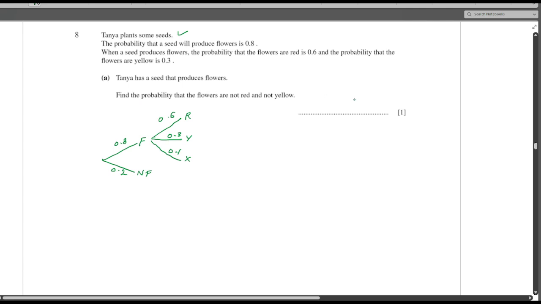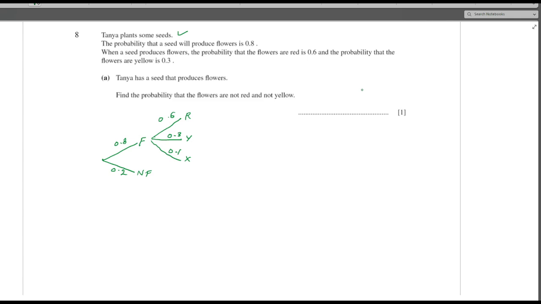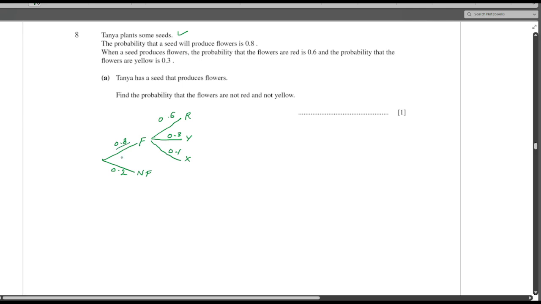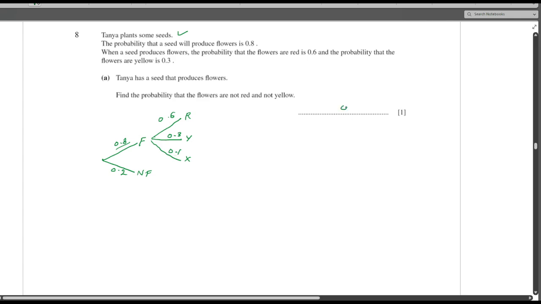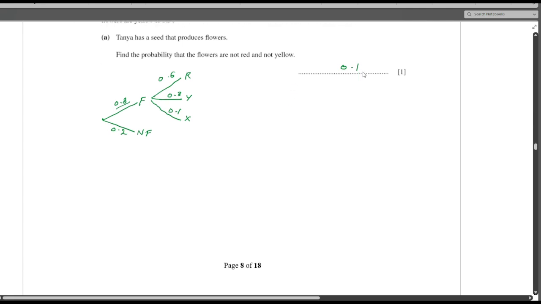Now the question is, Tanya has a seed that produces a flower. So we already know that. Find the probability that the flower is not red and not yellow. So the probability that the flower is not red, not yellow is 0.1, right?